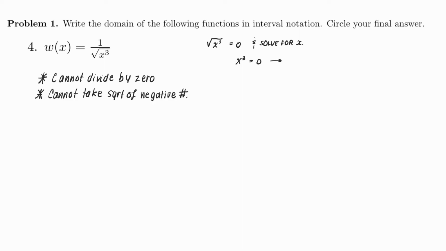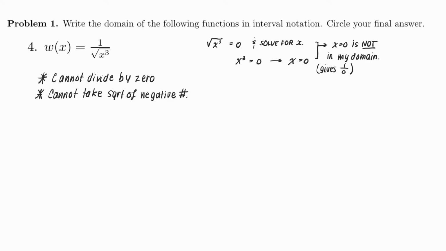And then take the cube root of both sides, and I get x equals 0. So this tells me that x equals 0 is not in my domain. Because it gives me a division by 0 when I plug it into w of x.